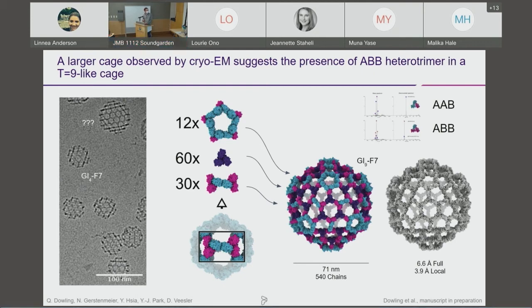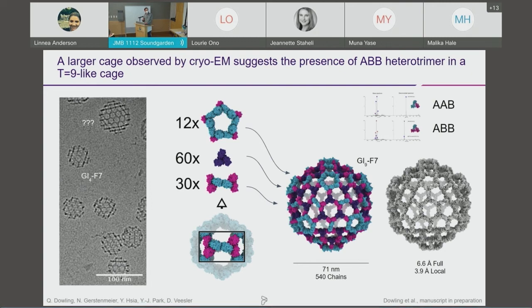And we worked out that what must be going on is, if you recall, he had AAB heterotrimers, but also ABB. And if there's contaminating ABB in his preparations, that could form not a penton, but a diron with twofold symmetry.